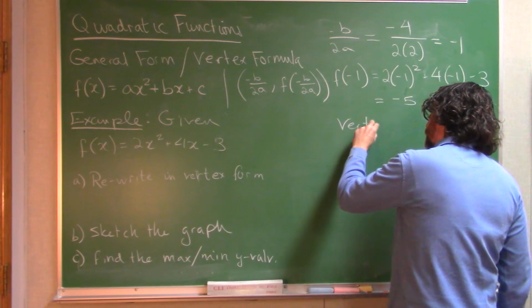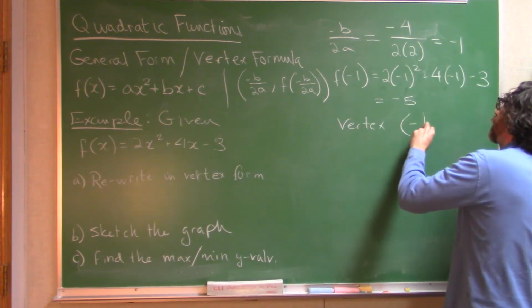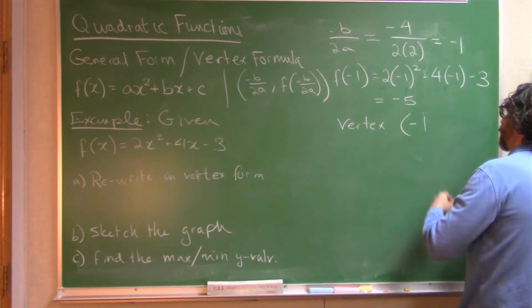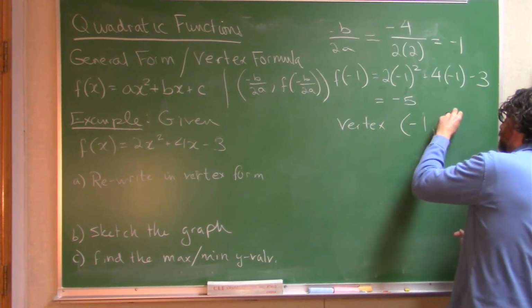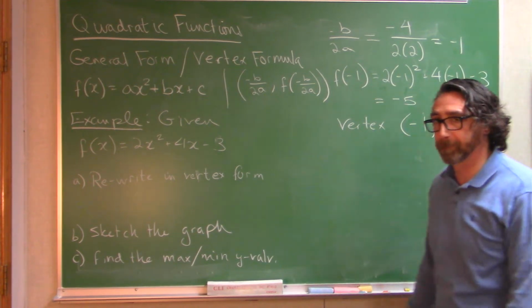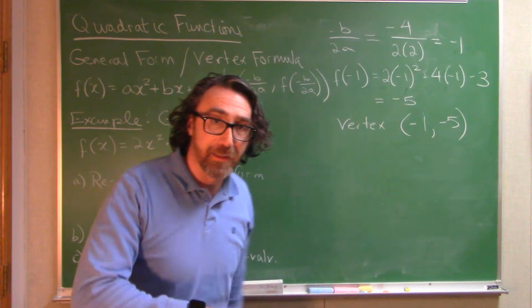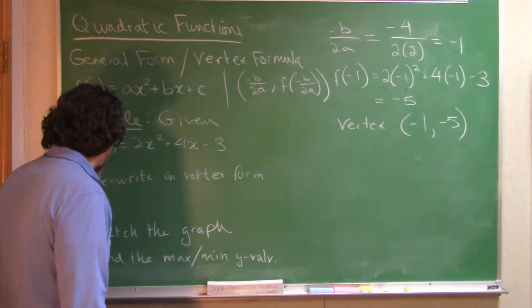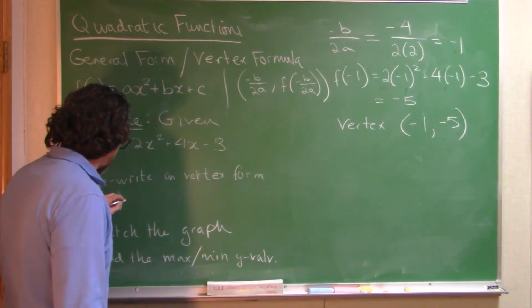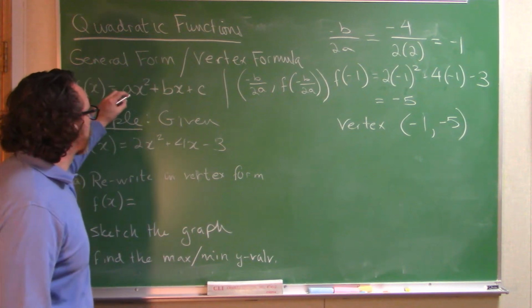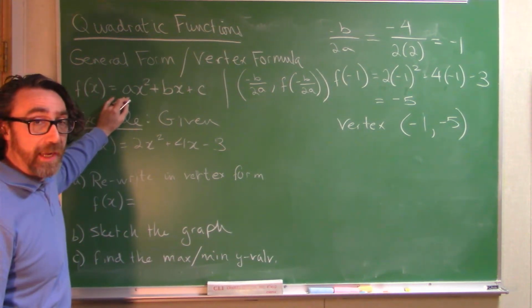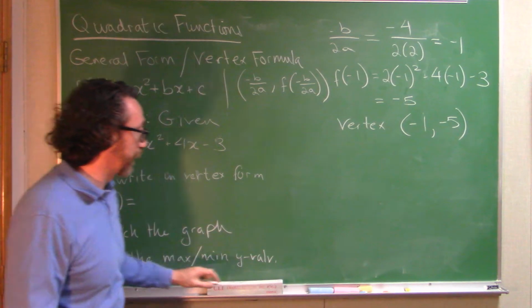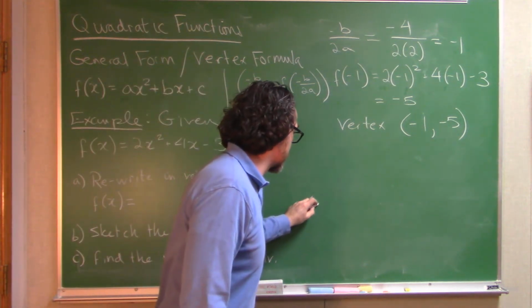So the vertex of my quadratic function is -1, comma, -5. If I know that, I can get back to my vertex form. Notice that when we use the vertex form, that was like this. You remember that from the last video?